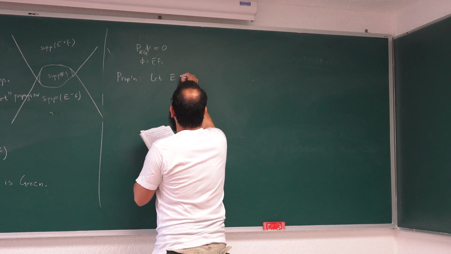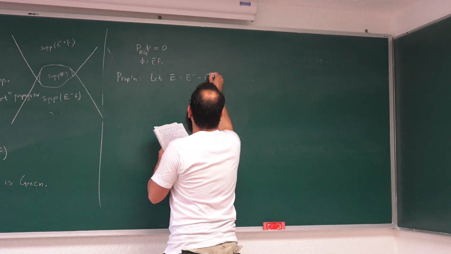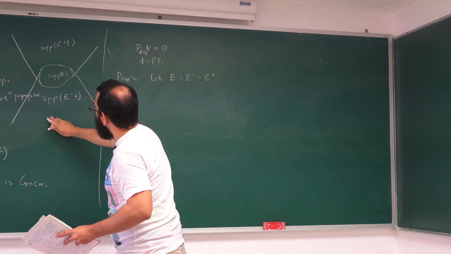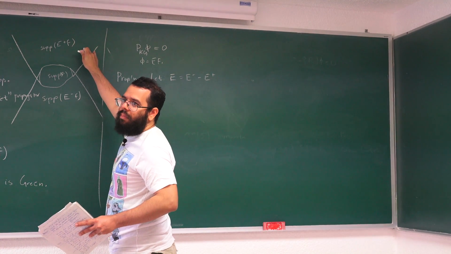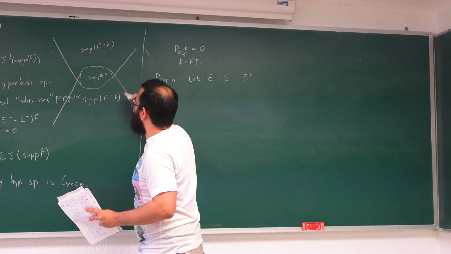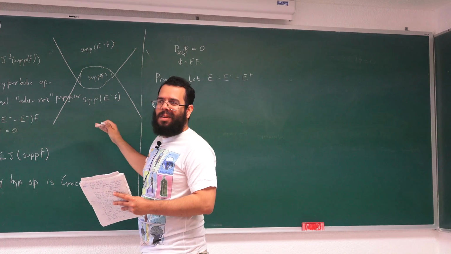E equals P minus minus P plus, P advanced minus retarded. So this is the retarded because it's supported to the future, and this is the advanced because it's supported to the past, right?